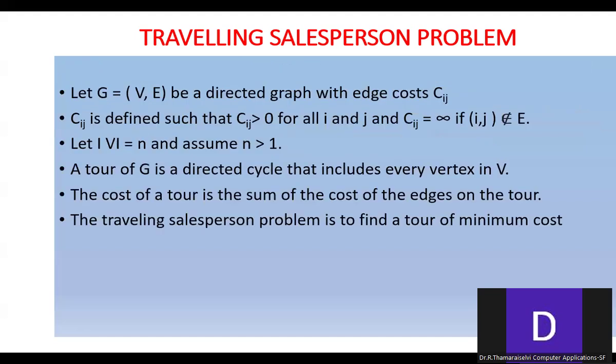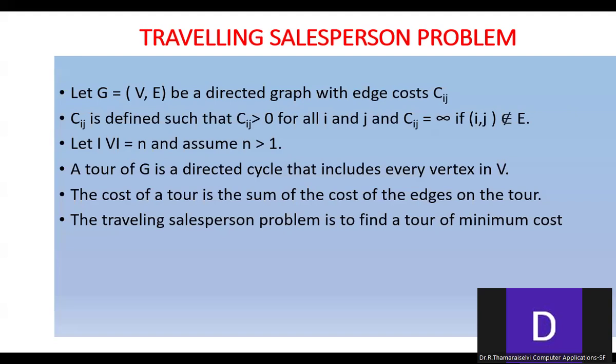So here let us consider D is equal to (V, E). V is the set of vertices and E is the set of edges. So it is a directed graph with edge cost Cij, or the distance.